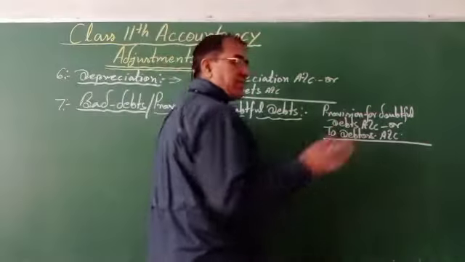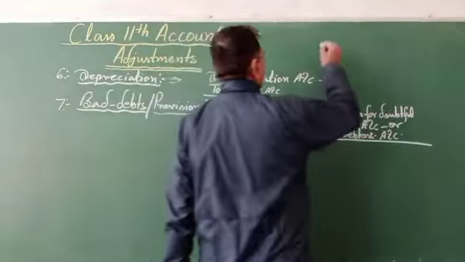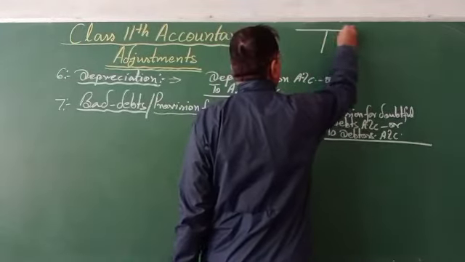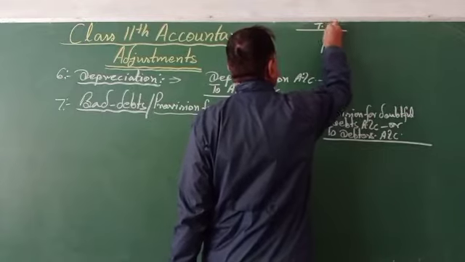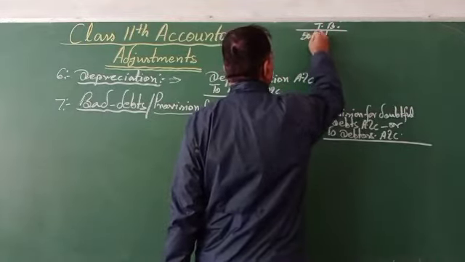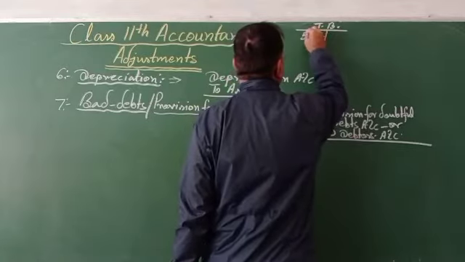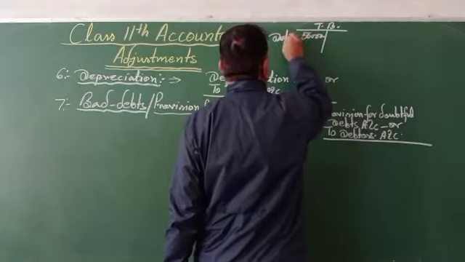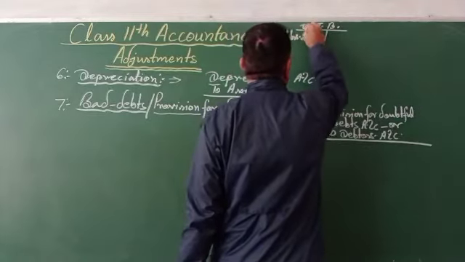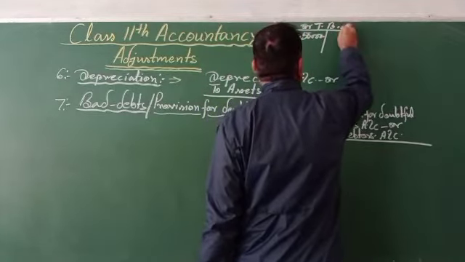Suppose, for example, in the trial balance, debtors are given as 50,000 in the debit column of the trial balance.